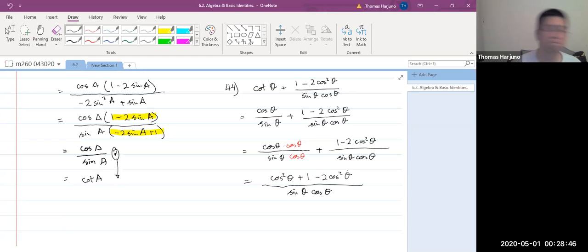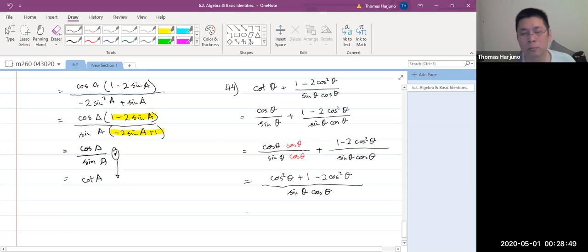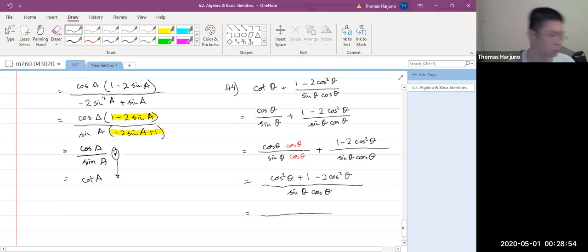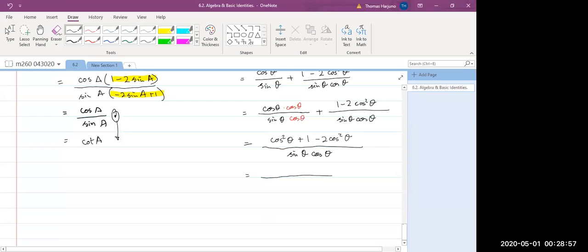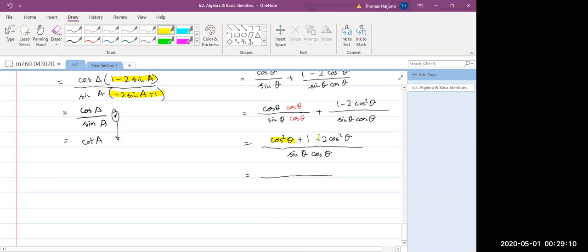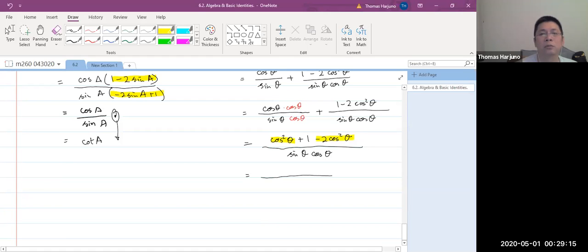Then what next? I think you can turn the one into sine. Yes, I agree with you, you can do it that way. But in my opinion, it's simpler to just combine like terms first. We can combine like terms: 1 minus cosine squared theta.